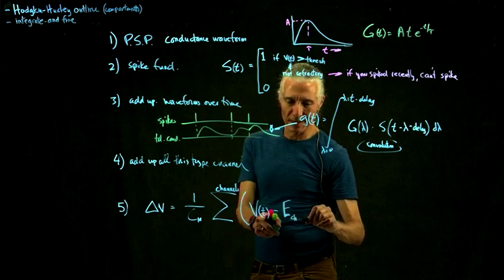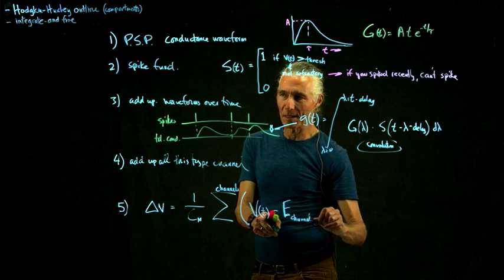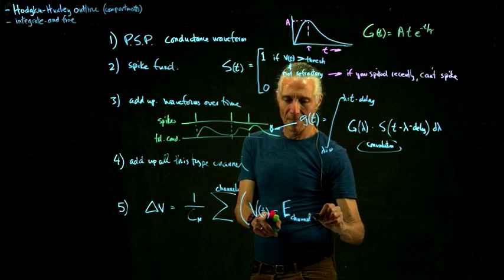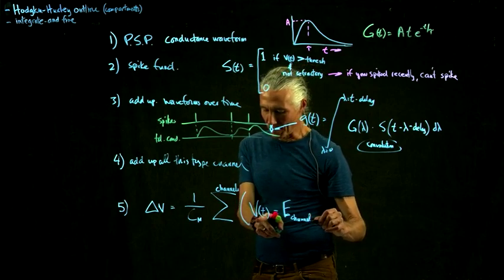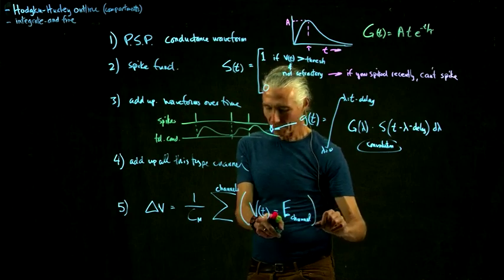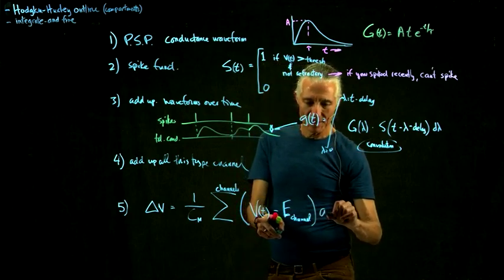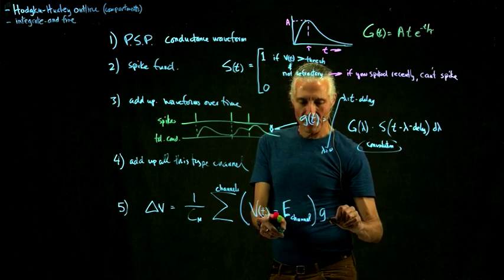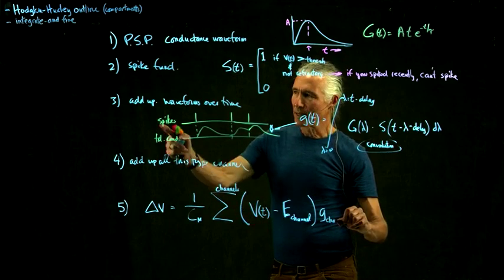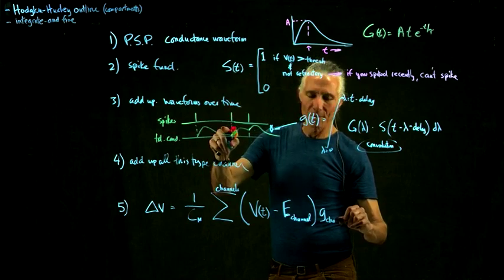So there's only one of these voltages. Everybody sees the same voltage, but every channel has a different Nernst potential. And then times, whatever the present G was from this thing.